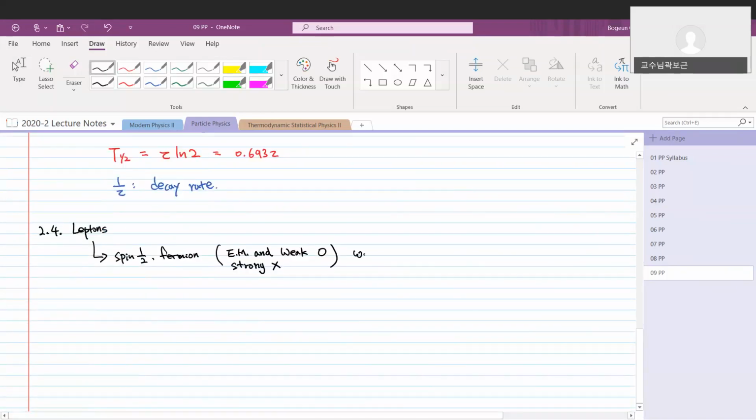And also they have a magnetic moment, approximately eh bar over 2, and the magnetic moment is anti-aligned with spin.